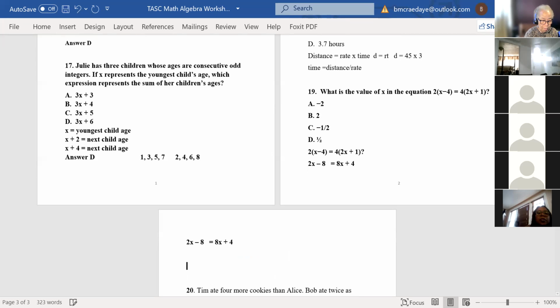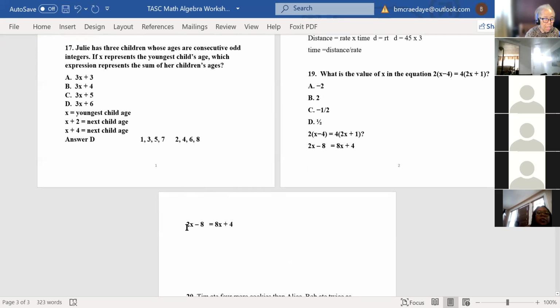Now, the key is to combine all the coefficients with the x, the like terms, and combine the constants. There's more than one way you could do it. You could subtract the 2x from both sides, and then subtract the 4 from both sides. Or you could add the 8 to both sides. It depends. Now, let me show you one way of doing it.